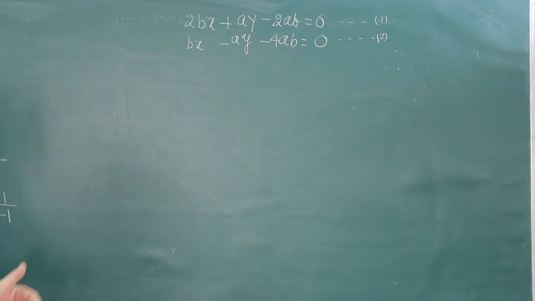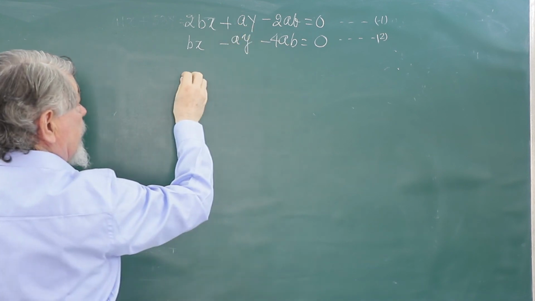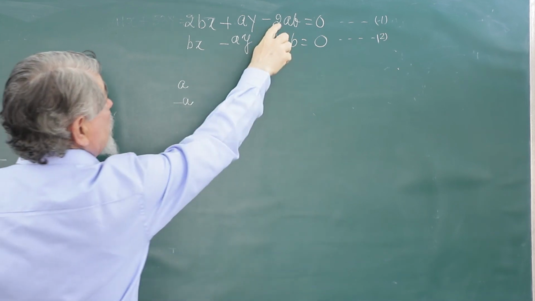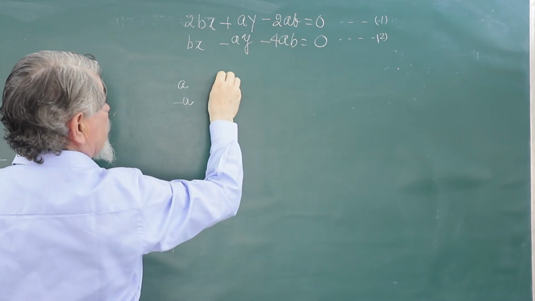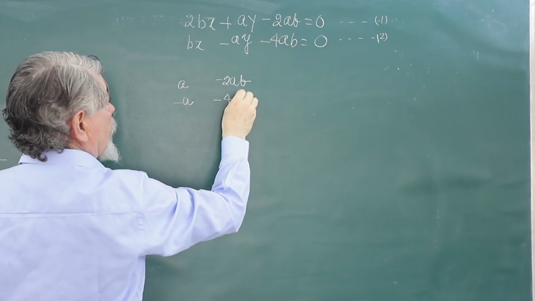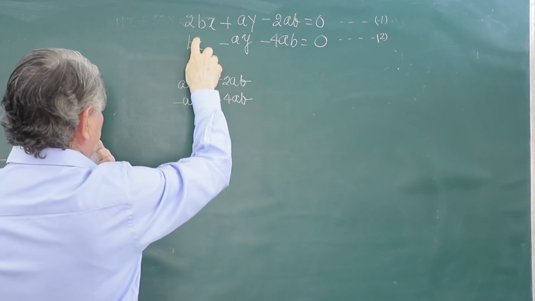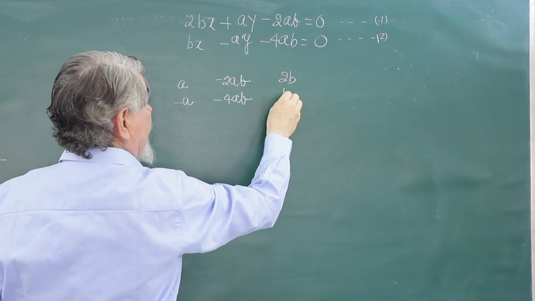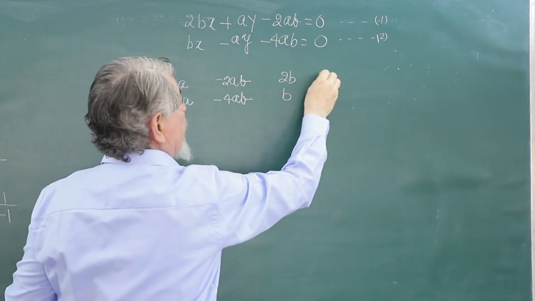We'll write first the coefficient of y, a, minus a. Then the last constant, minus 2ab, minus 4ab. Then the coefficient of x, 2b and b. And close it with the first.